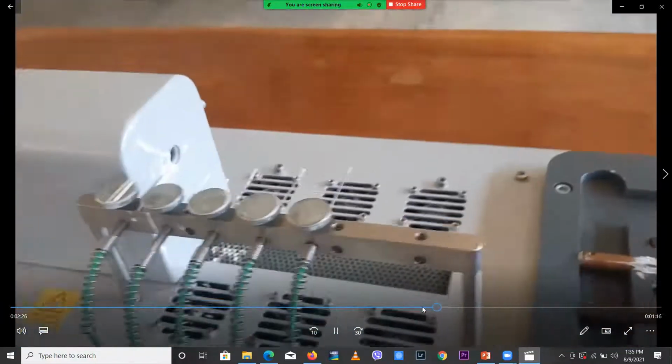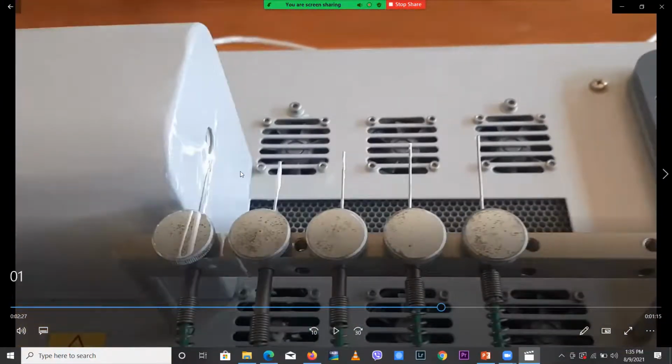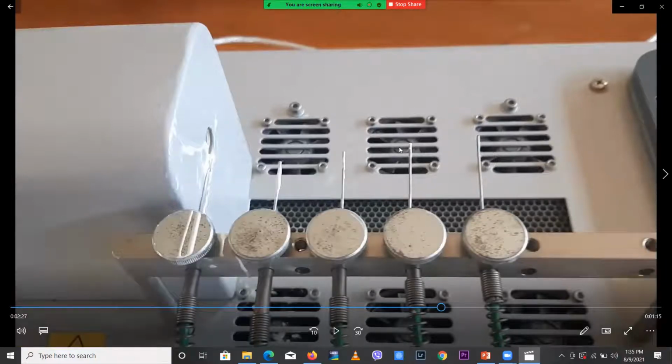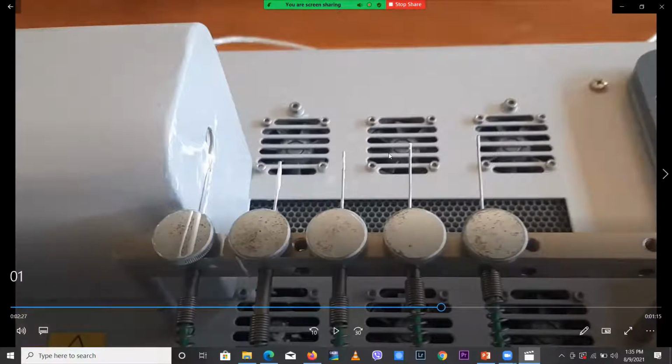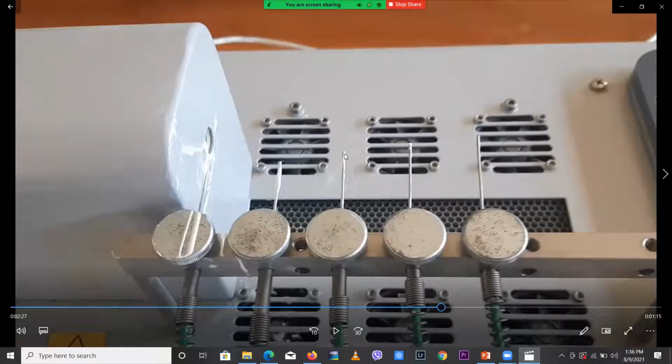You can see these are the thermostat probes, right? There are small holes in every metal rod which we are going to use here. In those small holes, we will insert each probe of this thermostat. So this will detect the temperature inside the rod at the exact place.